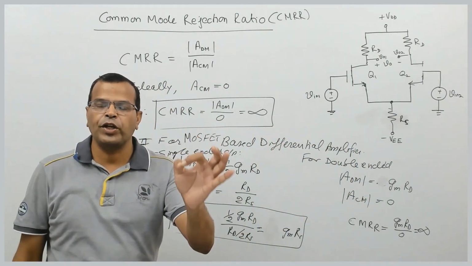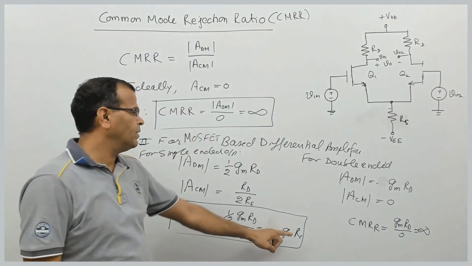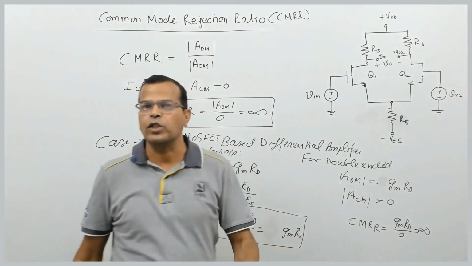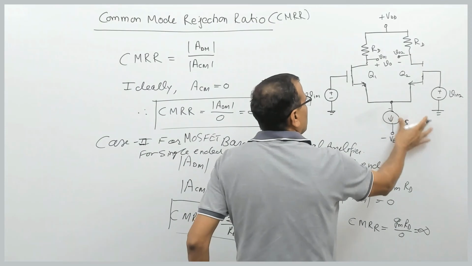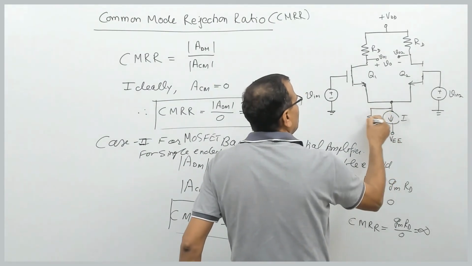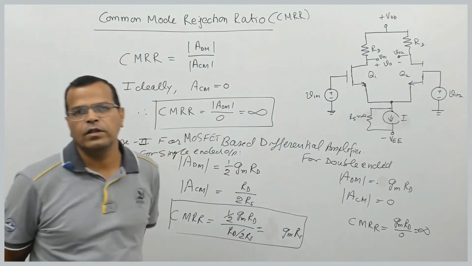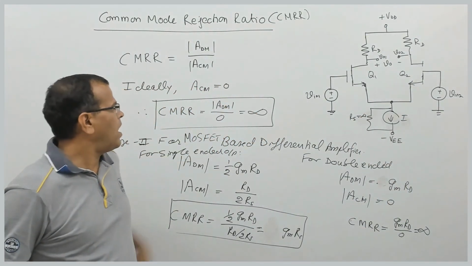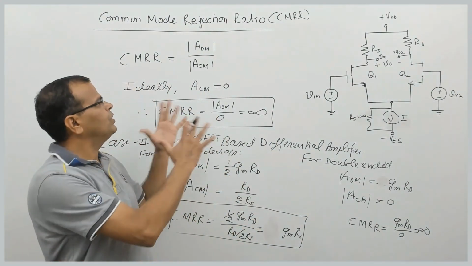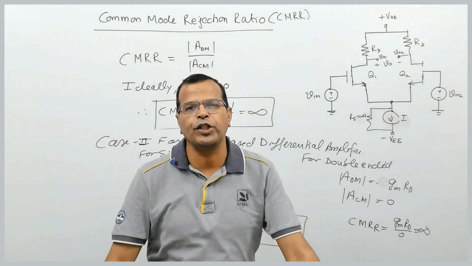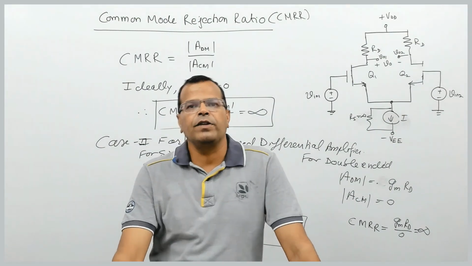Common mode rejection ratio of MOSFET based differential amplifier can be increased by increasing RS, or by replacing this by a current source like this. We know the resistance of current source is infinite ideally, so that gives a very high value of common mode rejection ratio.